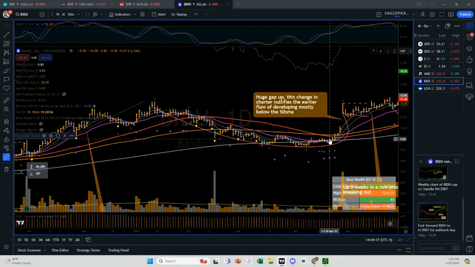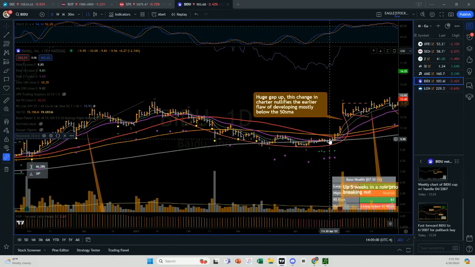And a big part of the reason why we want it to be above the 50-day moving average has to do with it being in a stage 2 uptrend and showing that this is a stock that's already made a move and it's just consolidating within an uptrend and it's ready to continue.